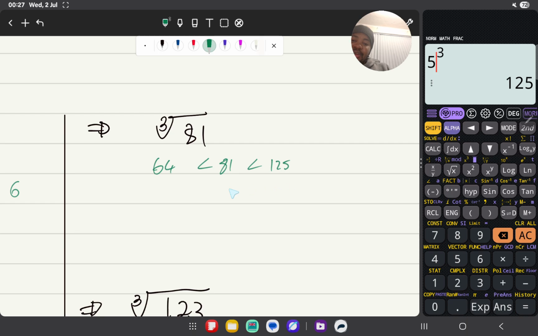Therefore the cube root of 64 is smaller than the cube root of 81, which is smaller than the cube root of 125, and therefore you have 4.